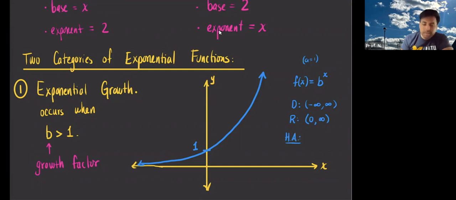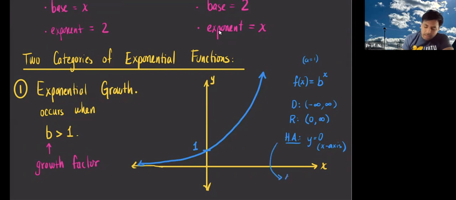And the horizontal asymptote is the x-axis, which is the same thing as saying y equals 0.